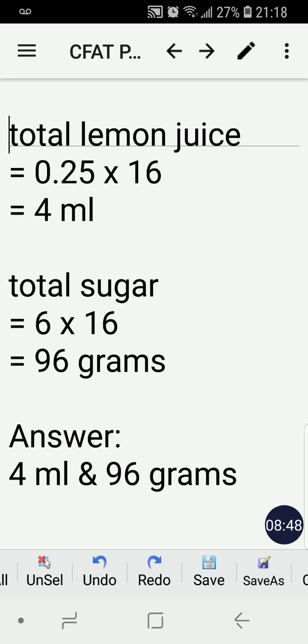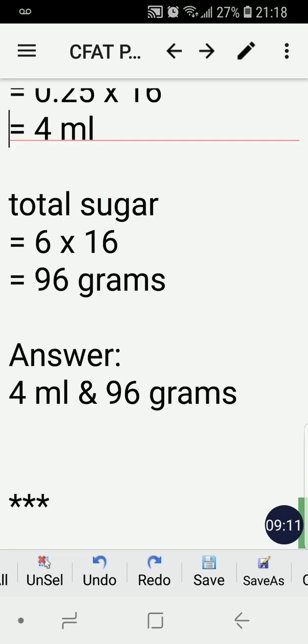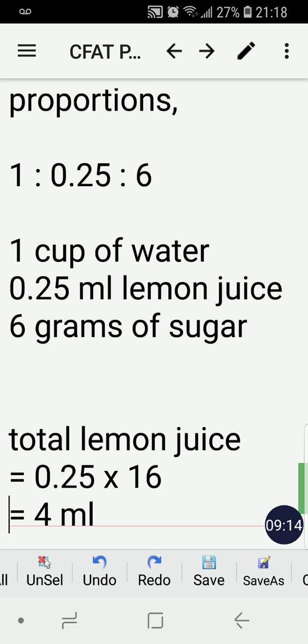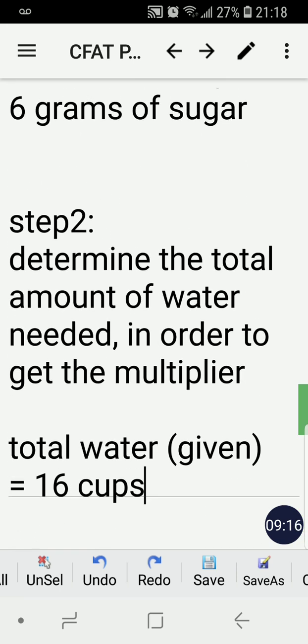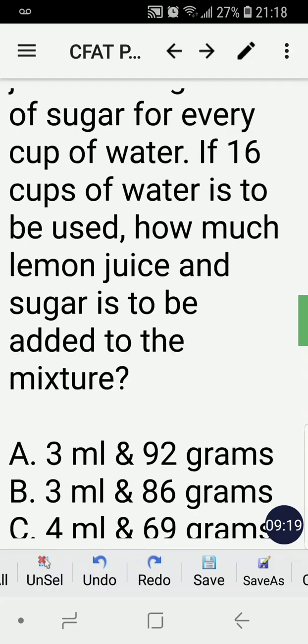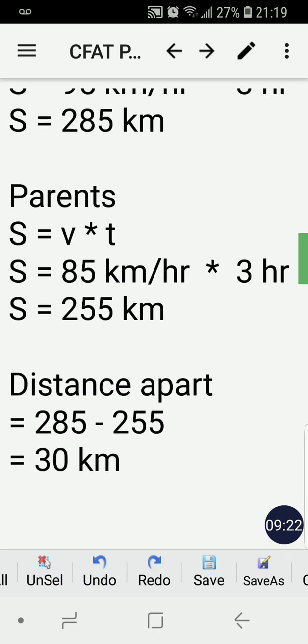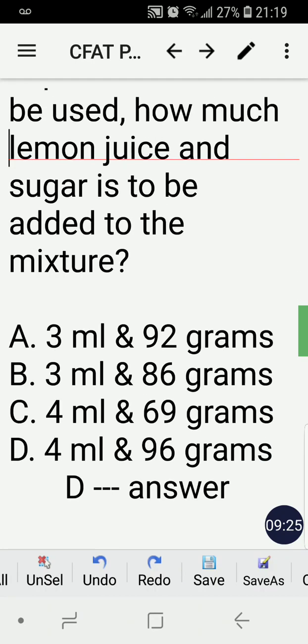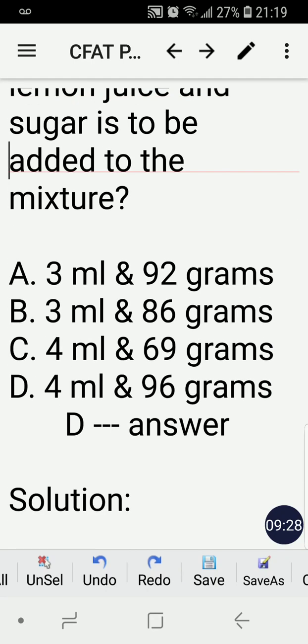And the total sugar needed is 6 grams times 16. So 16 is multiplied on both the lemon juice and the sugar. So we get 6 times 16, which is 96 grams. So the answer is 4 ml and 96 grams, which is letter D.